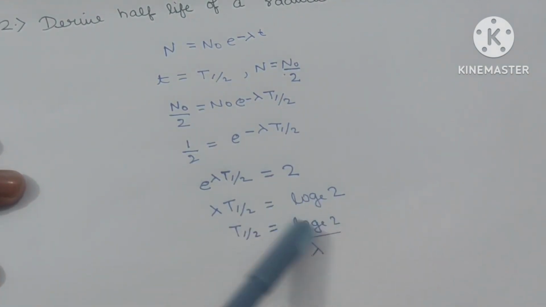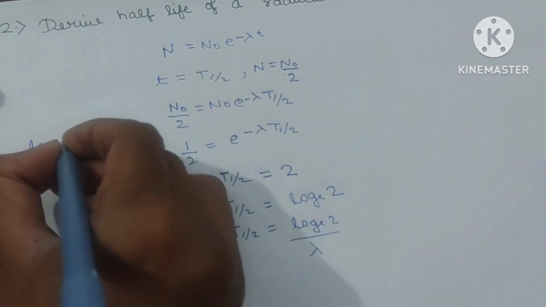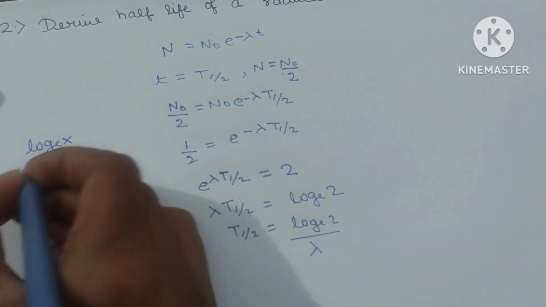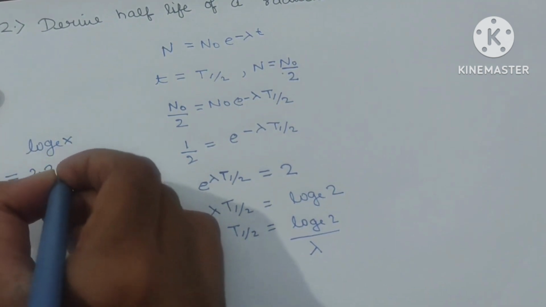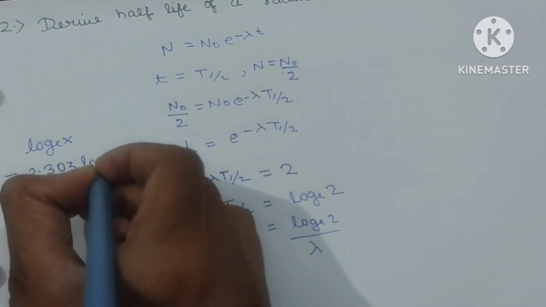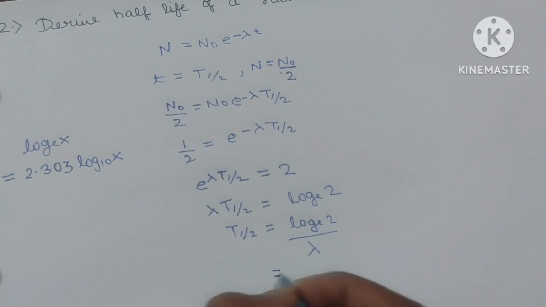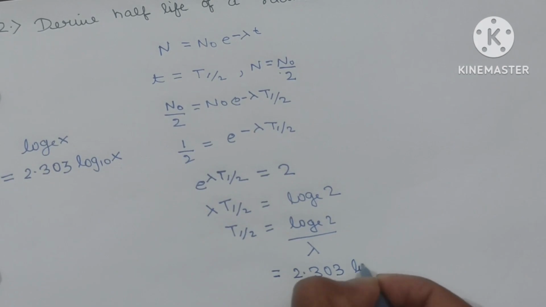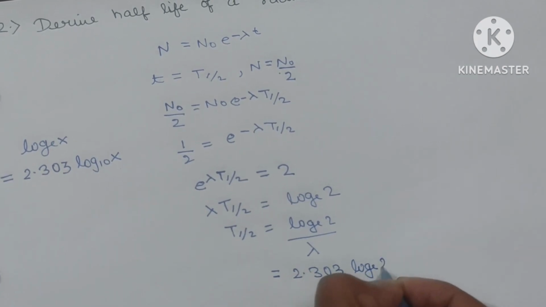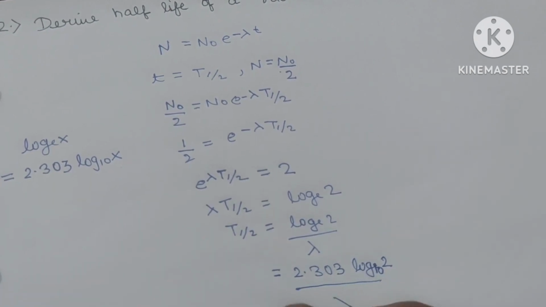Now we know that if we're taking, for example, log e x, it is equal to 2.303 log 10 x. Okay, so that's what we're going to apply here, with base 10, and by lambda.